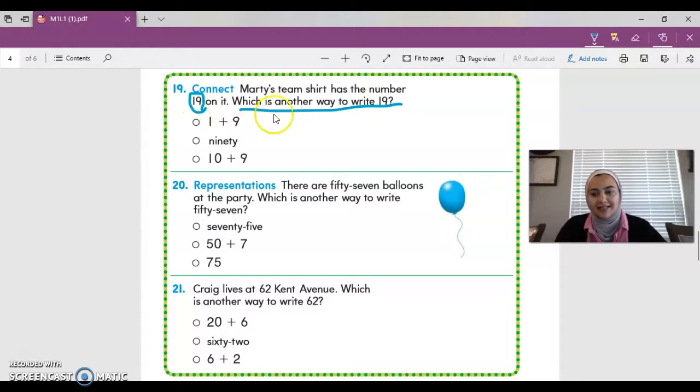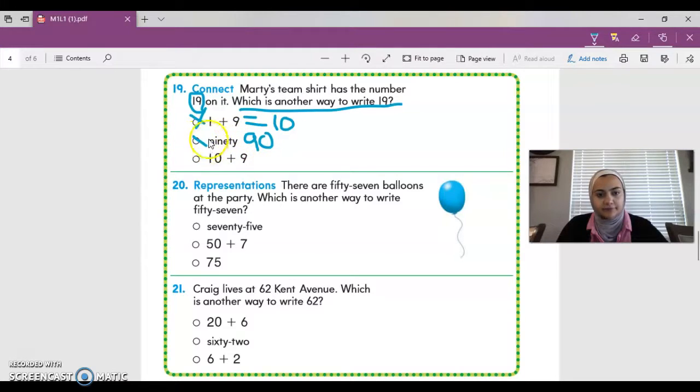Is 1 plus 9 19? What's 1 plus 9? 1 plus 9 is 10. It's not 19. That's wrong. What's another way to write 19? 90? Is 90 the same as 19? No, 90 is 90.